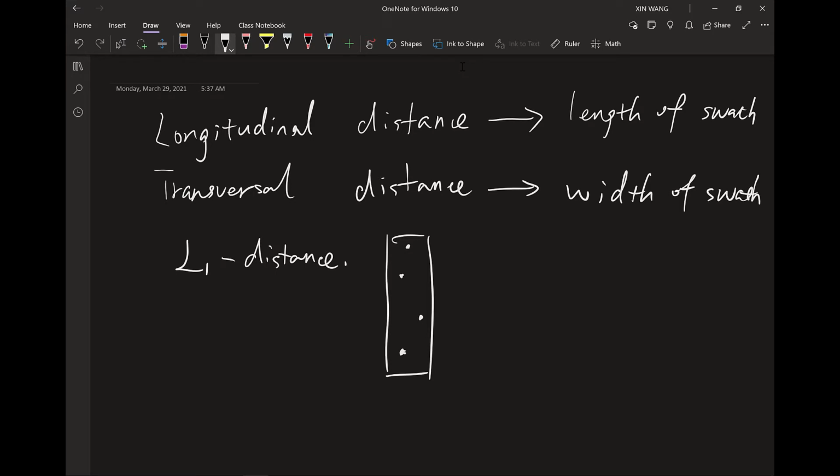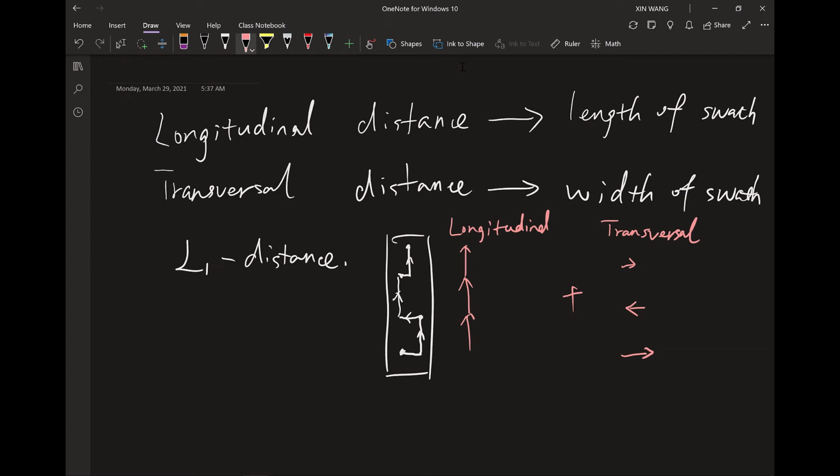Our travel goes through a transversal distance, then a longitudinal distance, then another transversal distance, then a longitudinal distance, and so on. In this L1 example, the total TSP tour distance is the total longitudinal distance, or the length of the swath, plus the transversal distance traveled between each visit to the customer dots.